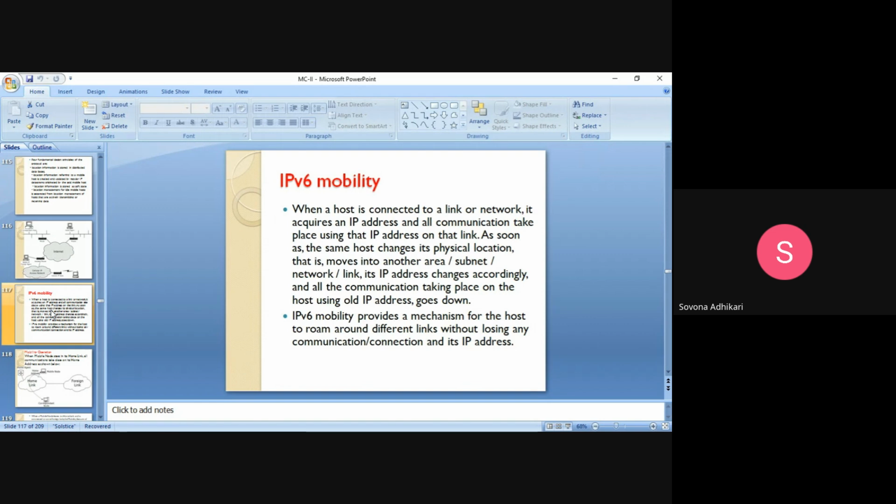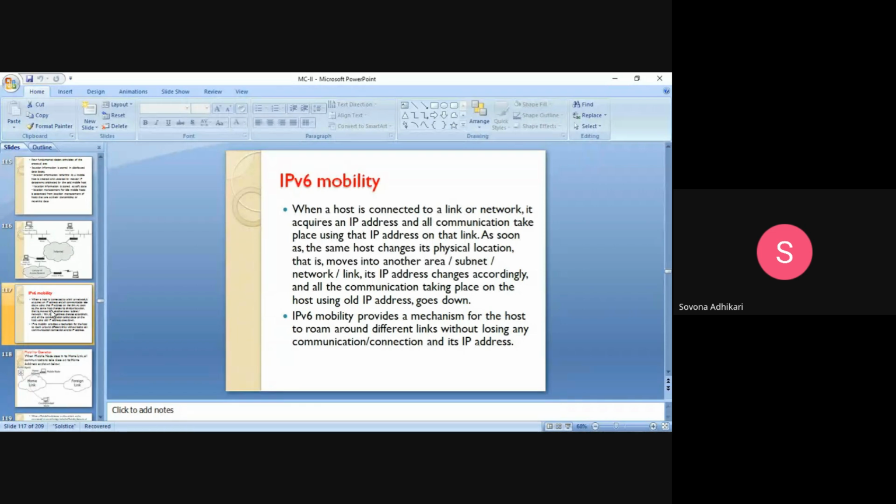All the communication can now take place using that IP address. But when the same host changes its physical location, it moves into another area or another network, another subnet, another link. Its IP address changes accordingly, and all the communication taking place on the host using the old IP address goes down.